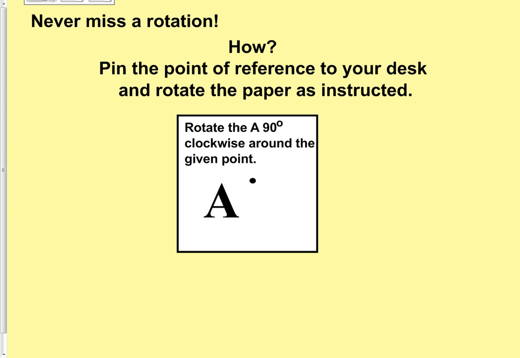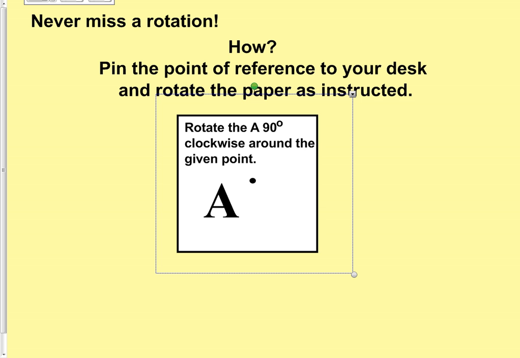Okay, and I also gave you a foolproof way to never miss a rotation. That is to pin your point of reference basically to your desk. Using your pencil, basically pin the point down to the desk, and then actually physically rotate your paper the direction and the amount that you're told to. So in this case, rotate 90 degrees clockwise around the given point.